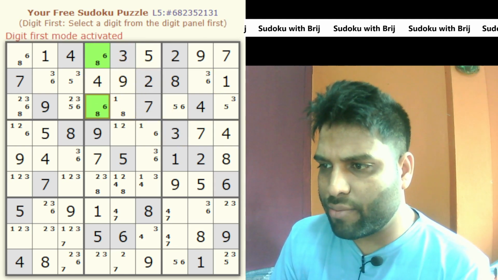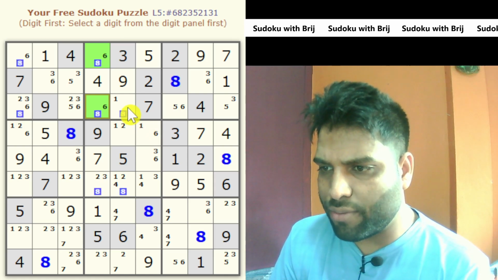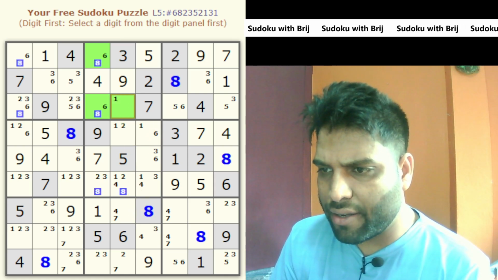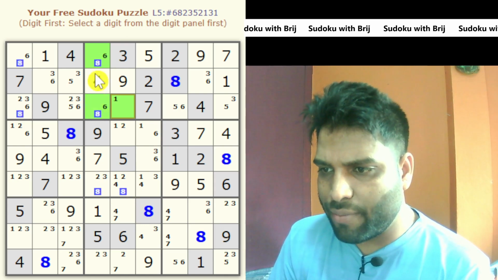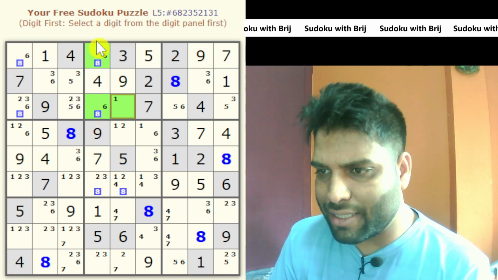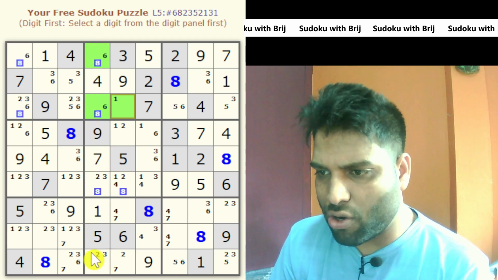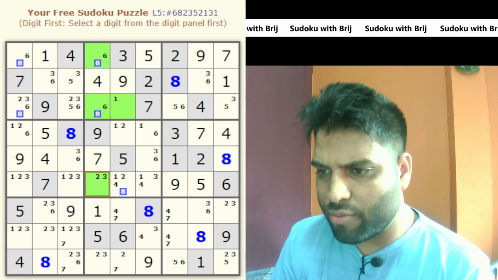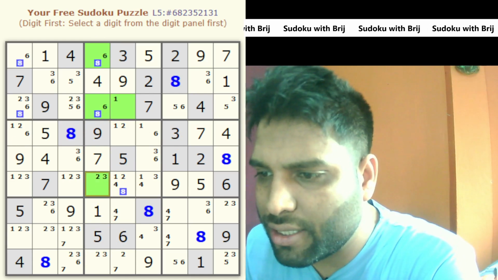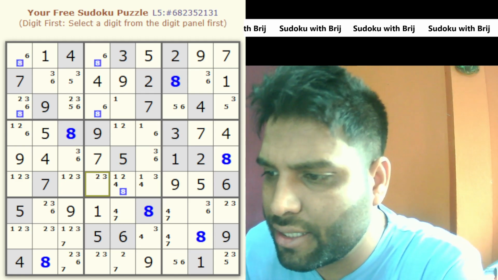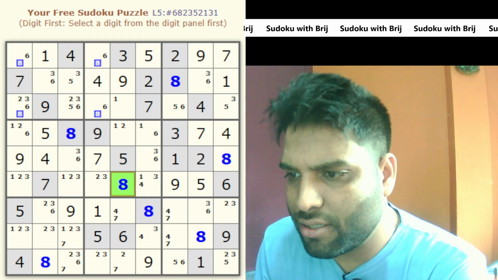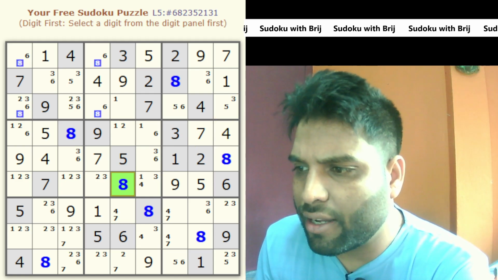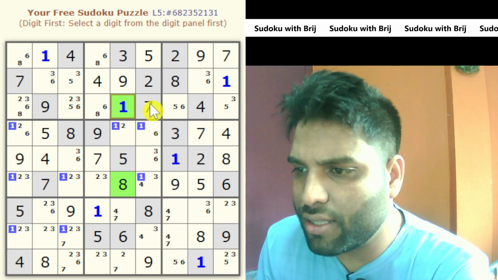So I can remove 8 from here, and also the naked pair will eliminate 8 and 6 from this column. So now I can remove 8 from here also. So I think I have got the solution of 1 and 8. So let me put 8 in this cell, and then I can put 1 in this cell.